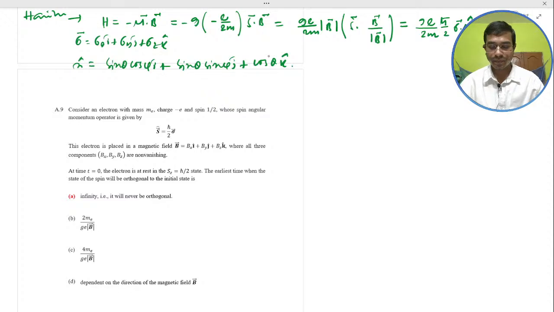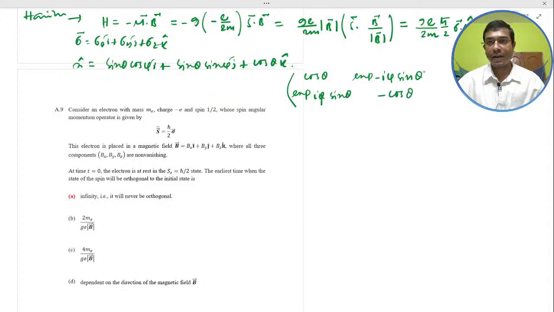Now the eigenvector: cos theta, exponential minus i phi sin theta, and exponential i phi sin theta and minus cos theta.